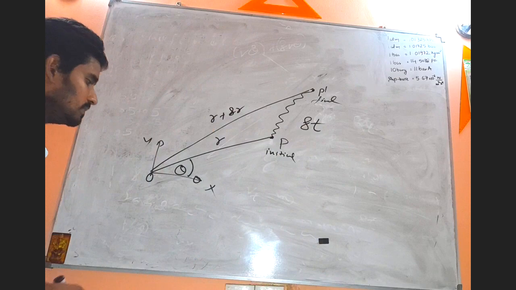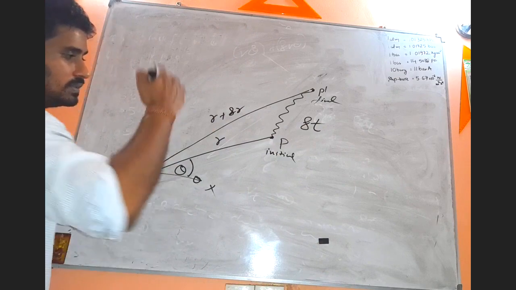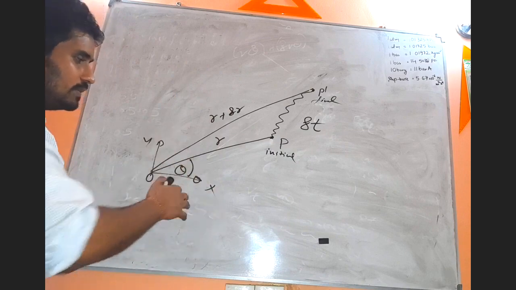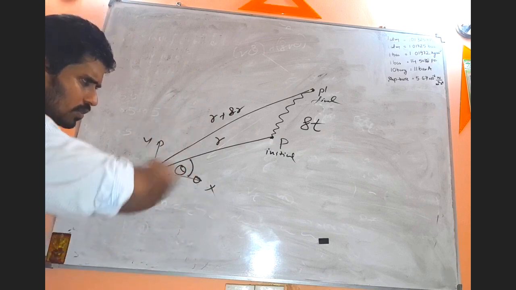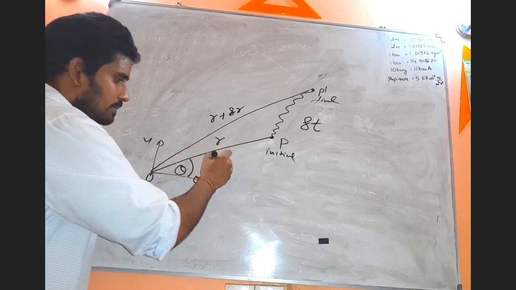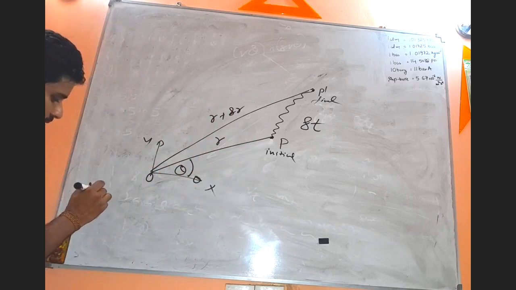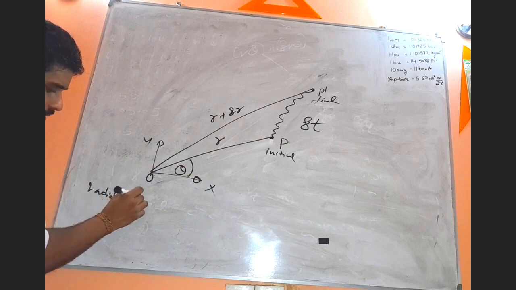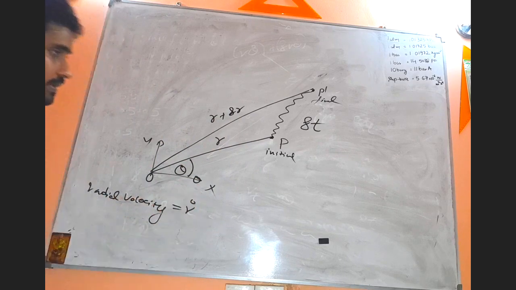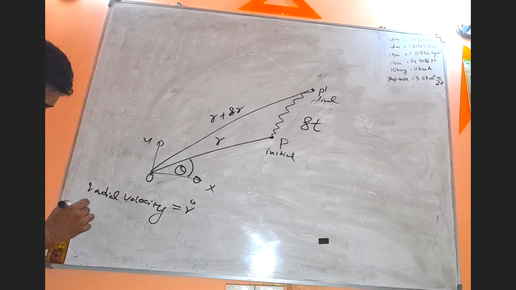Then what is the initial radial velocity? That means the velocity along the radial direction, if you consider it as a radius. Let's say the radial velocity is r dot. Then what is the final radial velocity?